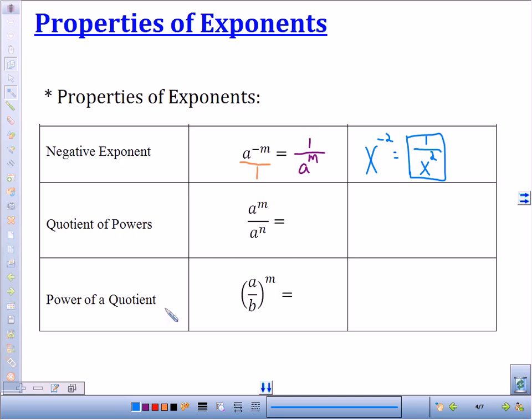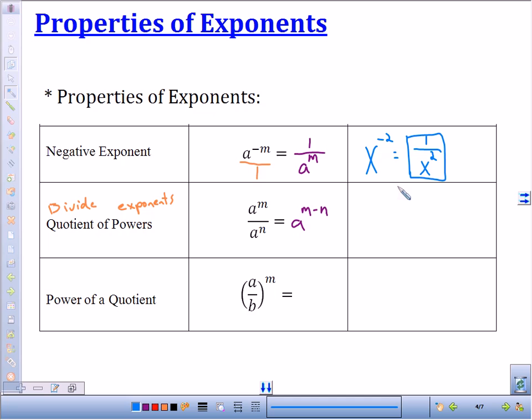The quotient of powers. Now quotient, you should remember, is dividing. So the quotient is divide. So if we divide terms with exponents, such as a to the m over a to the n, the result of that would be a to the m minus n. We subtract the bottom from the top, so m minus n.